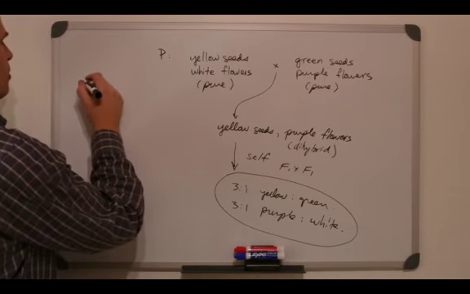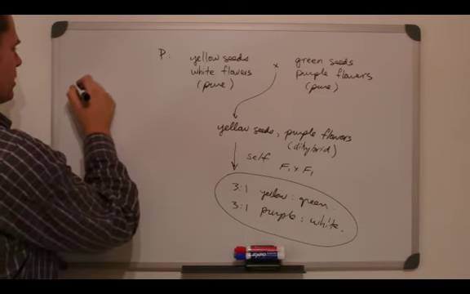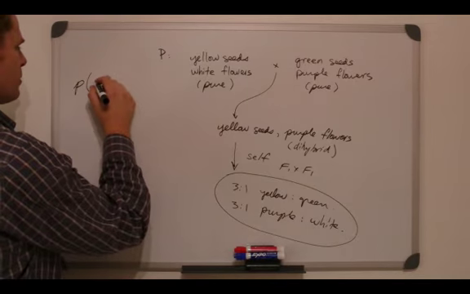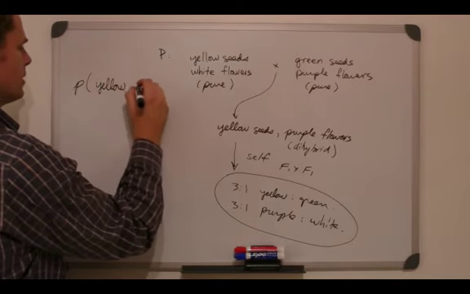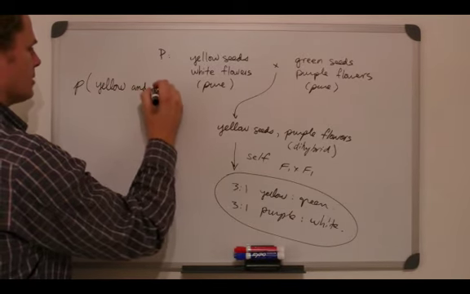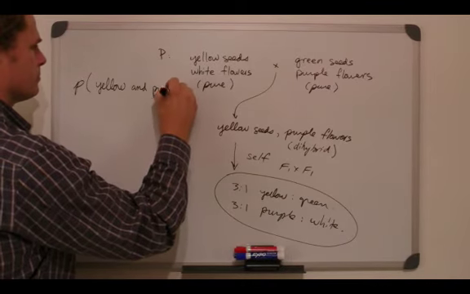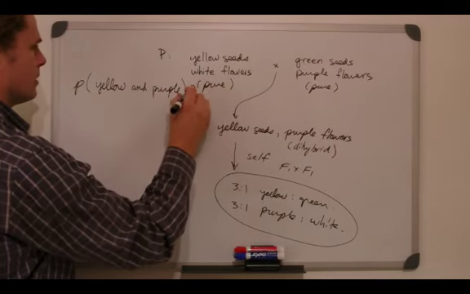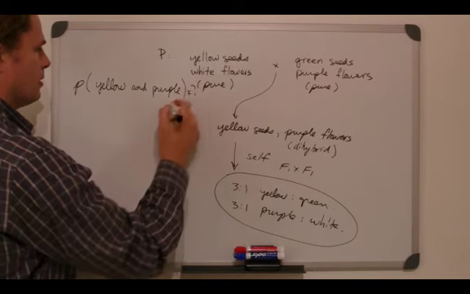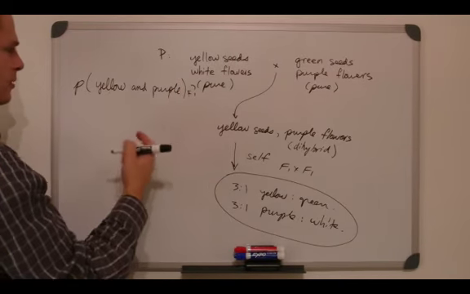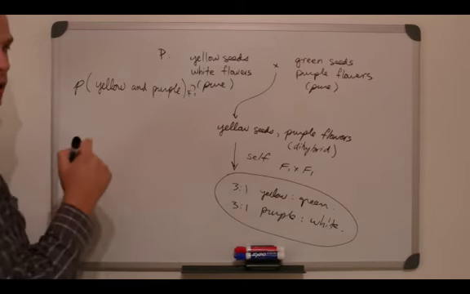So we could say, what would be the probability of getting a plant that is both yellow and purple? So yellow seeds and purple flowers. Well, what's the probability of getting yellow?